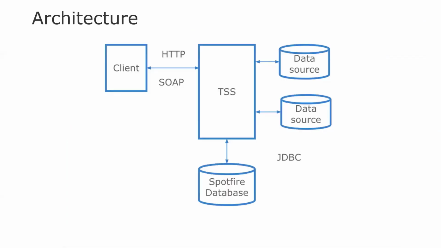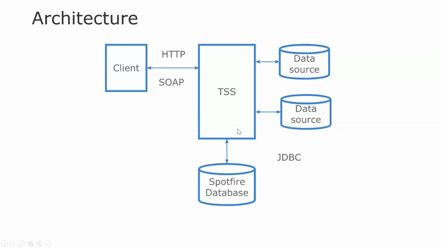Coming to the architecture, the client over here represents the Spotfire analyst, the business author, and the web client. When you open an information link from the client, it will communicate to the TIBCO Spotfire server over HTTP and SOAP. The Spotfire server will check with the Spotfire database to know what information model is being used.